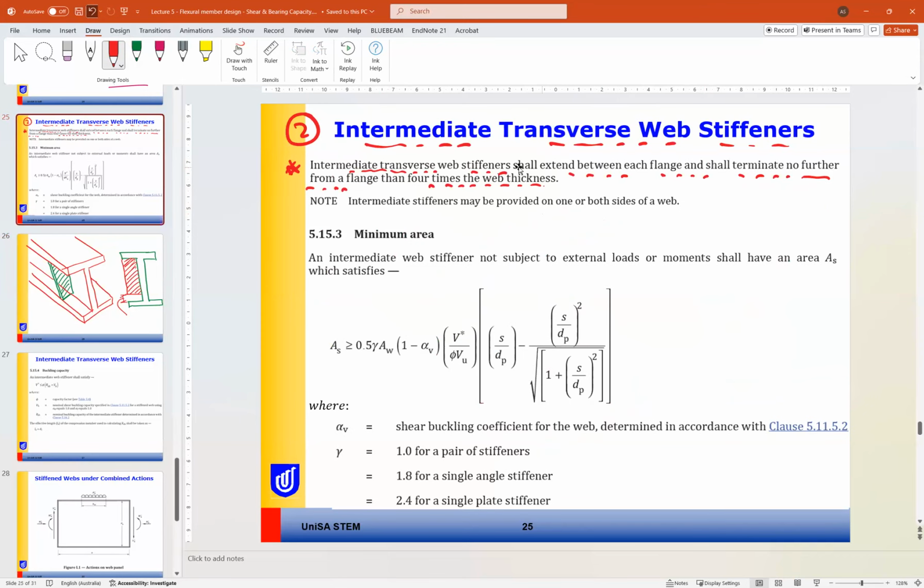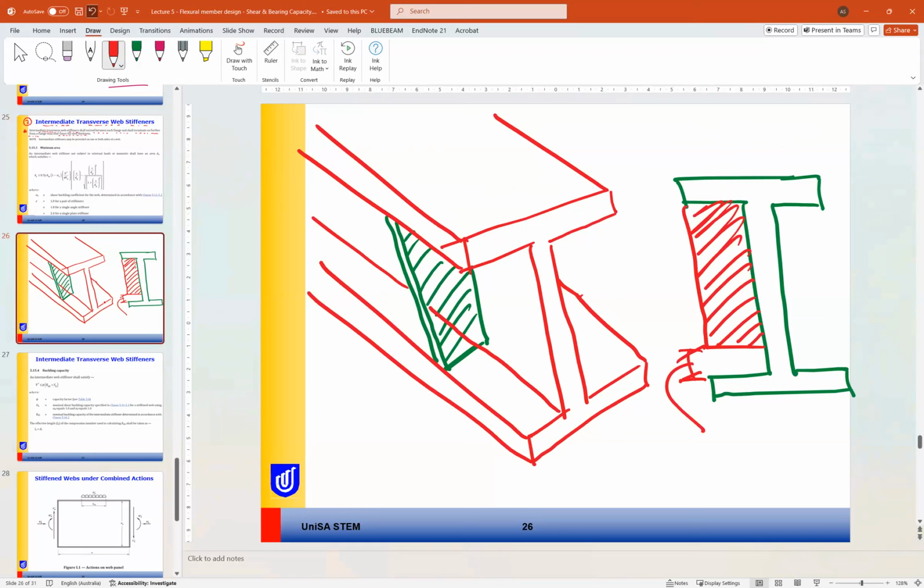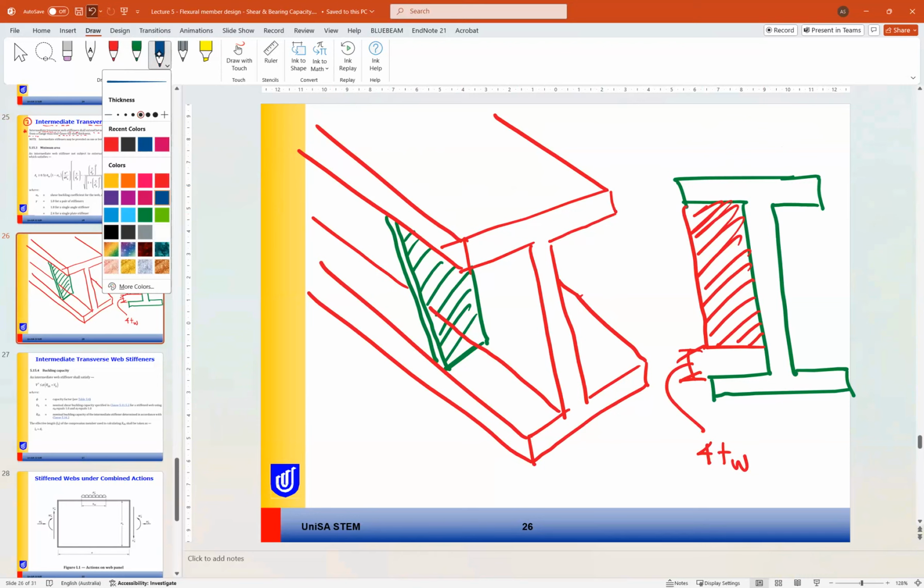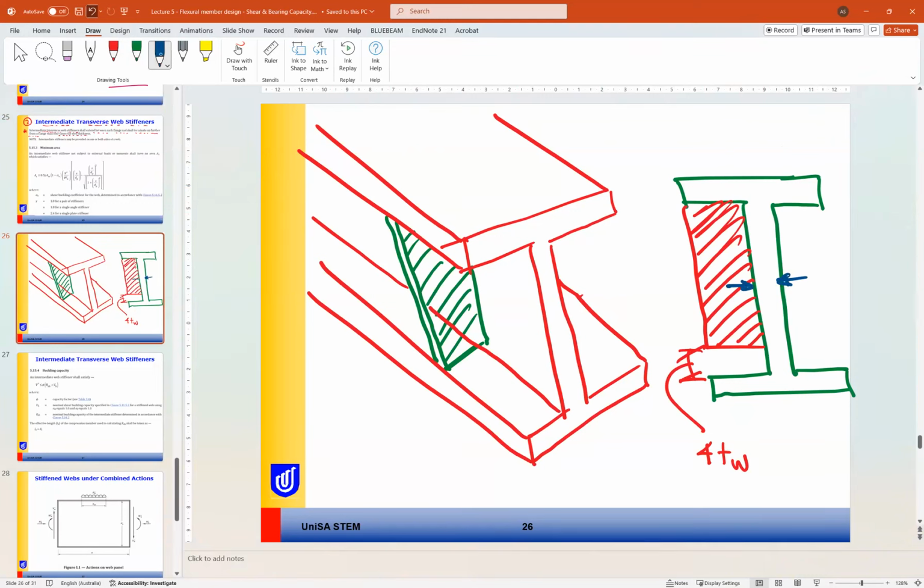So the stiffener shall terminate no further from a flange than 4 times the web thickness. So this cannot exceed 4 t_web. So if this is our t_web, this distance cannot exceed 4 t_w.